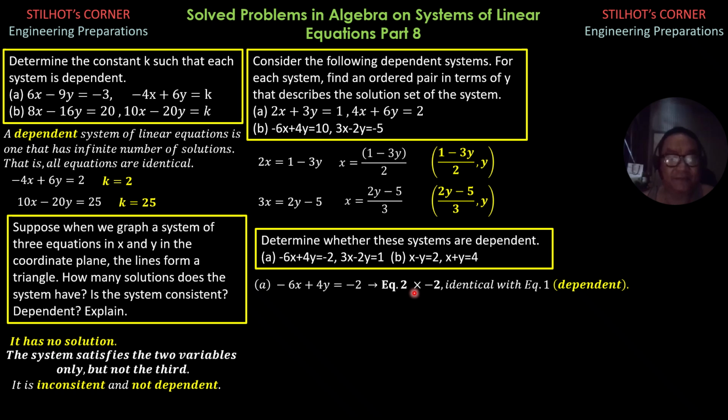Then part B, x minus y equals 2 and x plus y equals 4. After we add the two equations, y is eliminated, we have 2x equals 6, so x is 3, and y, after we substitute into either equation, 3 plus y equals 4, so y is 1.